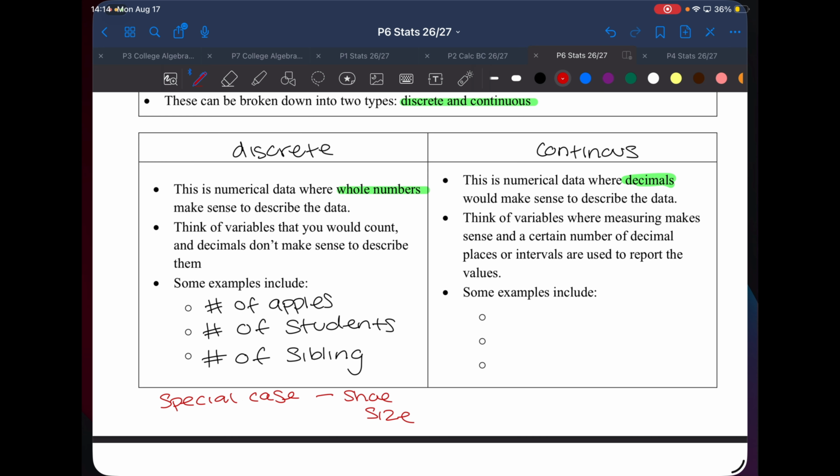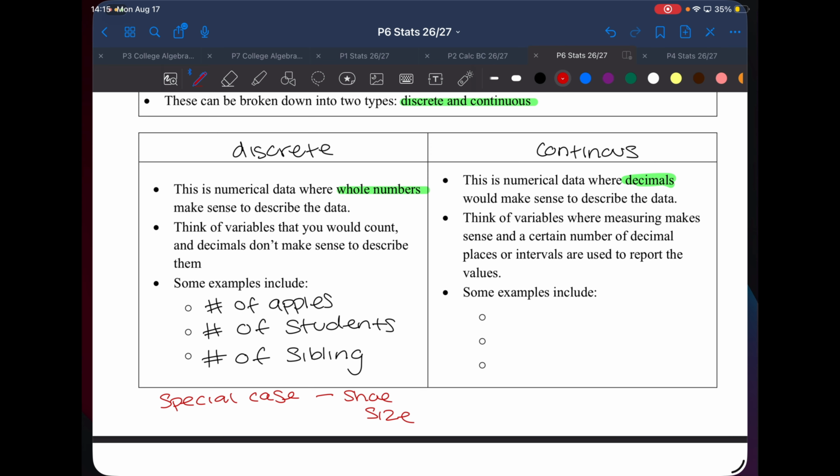Shoe size is considered discrete because there's only one way to describe a shoe as a decimal, and that's 0.5. So you're either a size 6 or a 6.5, a 7, a 7.5. Do you go into a store and say, do you have a 7.459? No. So that is a special case where shoe size is actually discrete.